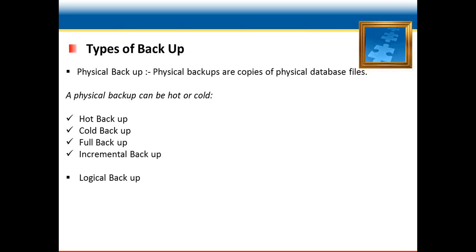This backup file protects the data from application error and safeguards against loss by providing a way to restore the original data. One important thing to note about the full backup: the database must be in archive mode for the full physical backup. So this is about the full backup.